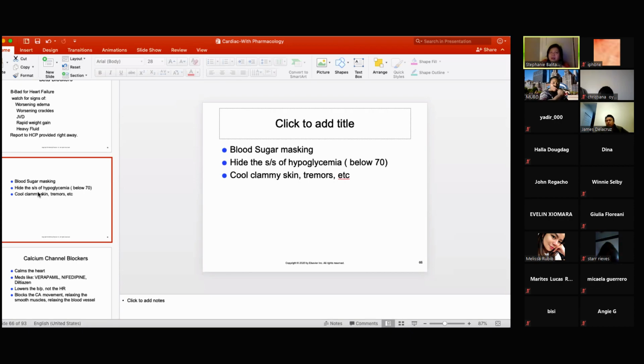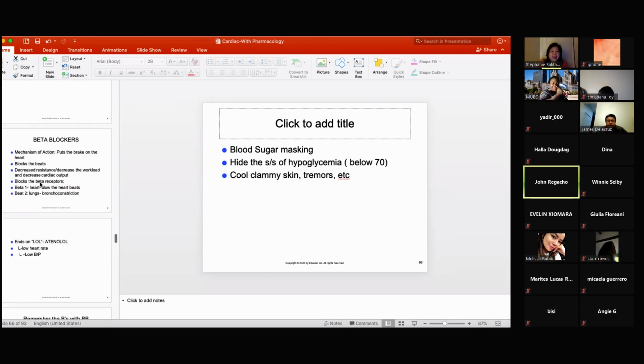Is it metformin or glyburide? There's a question about that. So watch out for those because they mask those signs and symptoms of hypoglycemia. For these purposes, we have defined hypoglycemia as blood sugar that is below 70.